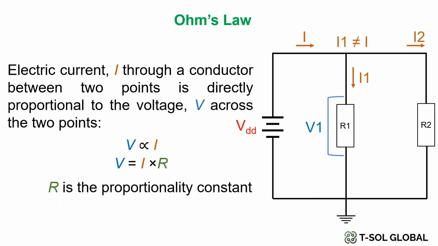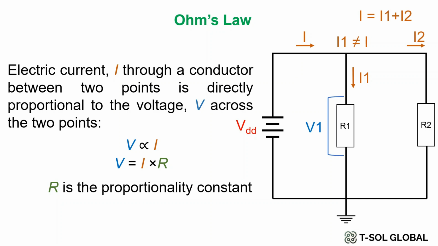Here I1 and I are not equal. Next, if I2 is flowing through R2, then the total current of the circuit I will be I1 plus I2. This current can be calculated from KCL or Kirchhoff's current law, which will be discussed in our next video.